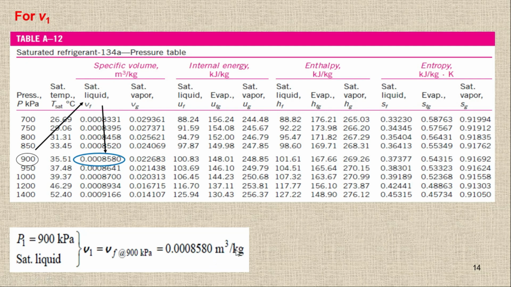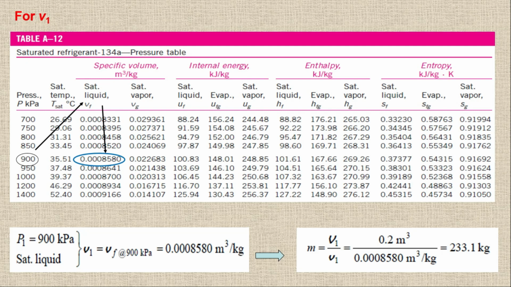If you remember in the question, it is given that the initial volume is 200 liters of the saturated liquid. So the volume is given, and this is the specific volume. With the help of volume and specific volume, we can find the mass. Mass is equal to the volume upon the specific volume, so 200 liters or 0.2 meter cube divided by the specific volume, and you will get 233.1 kilogram.